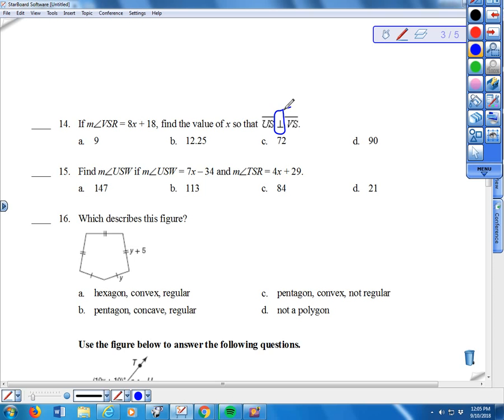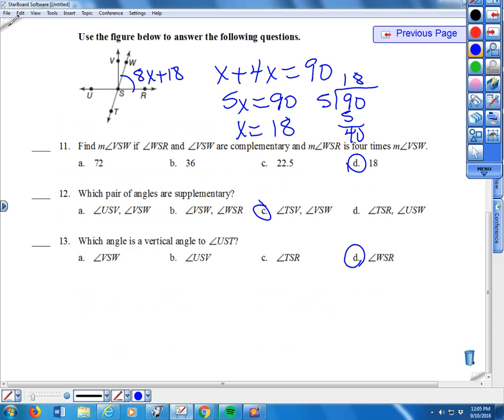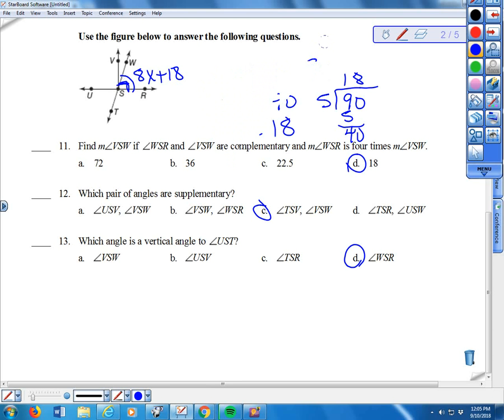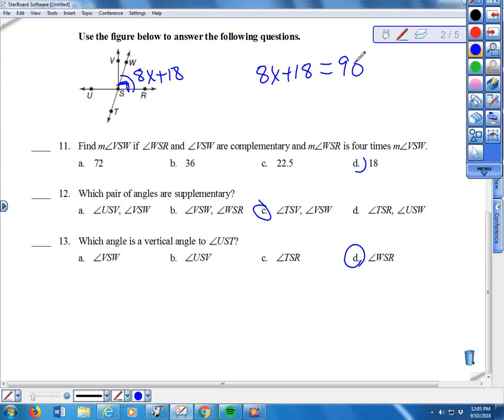If something's perpendicular, where they intersect is what kind of angle? A 90 or a right angle. Okay? So this symbol means perpendicular, meaning where they intersect, where US and VS intersect, is 90. Well, US and VS intersect right here, so that angle is 90. But we also know that angle is 8x plus 18. So all I have to do, set that equal to 90 and solve.